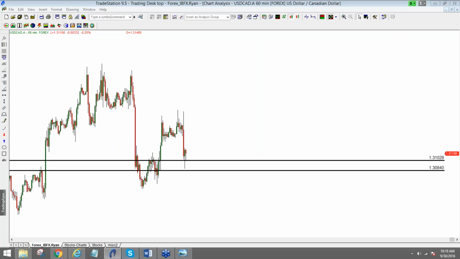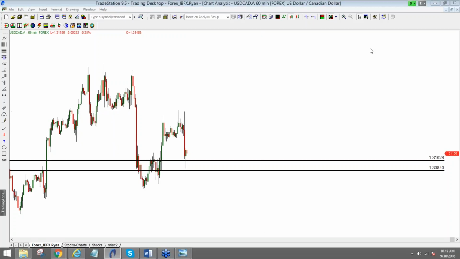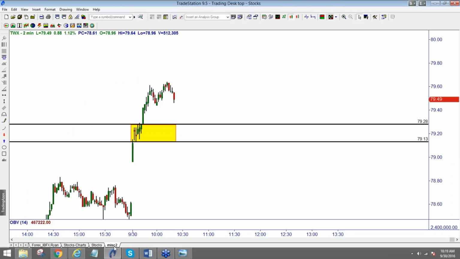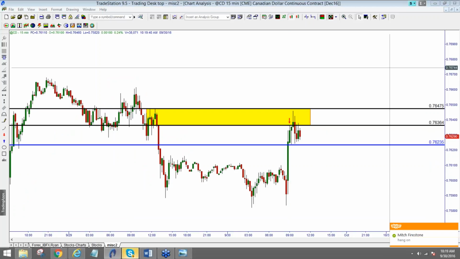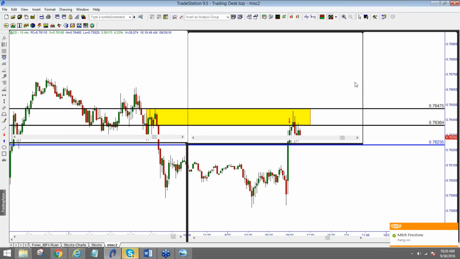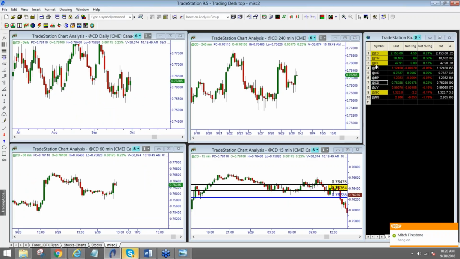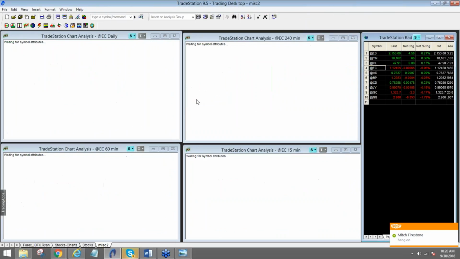Let's see here. Mitch, anything on the cheap stock front? Hanging. All right, so that's working its way. Let's see. Let's look at the euro.